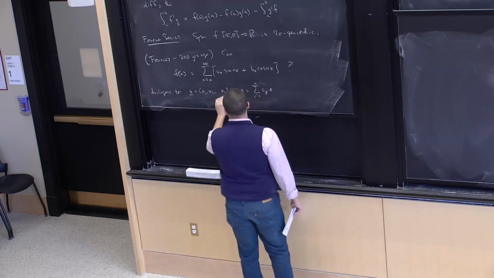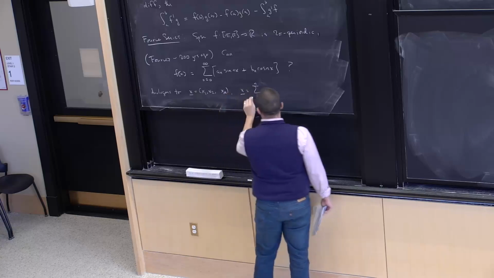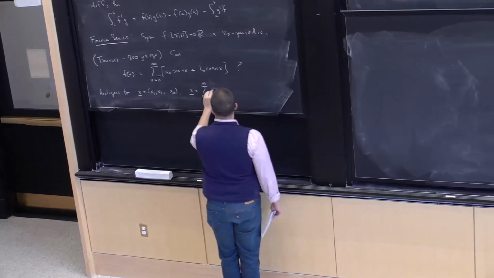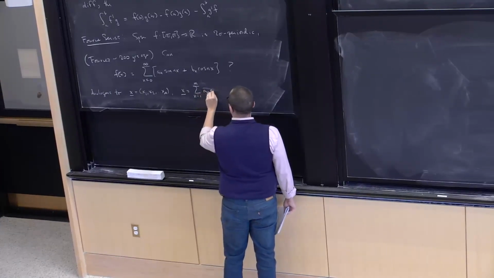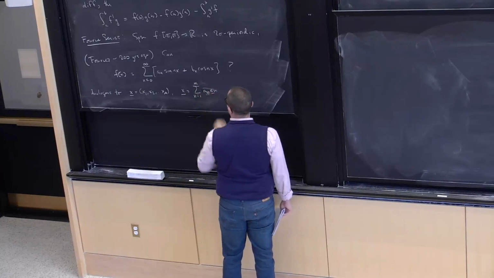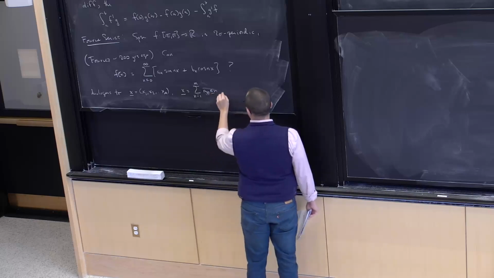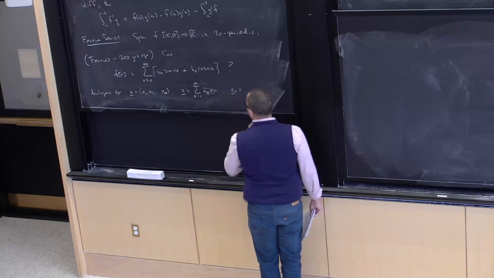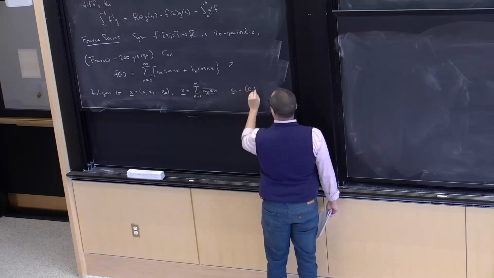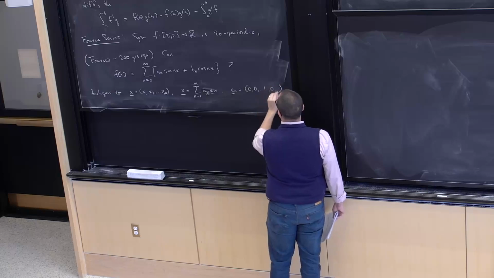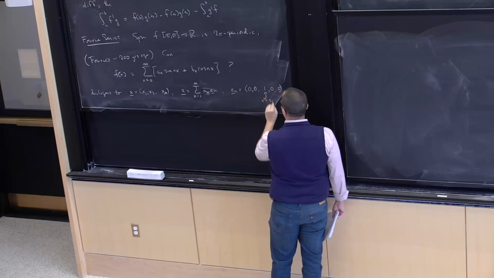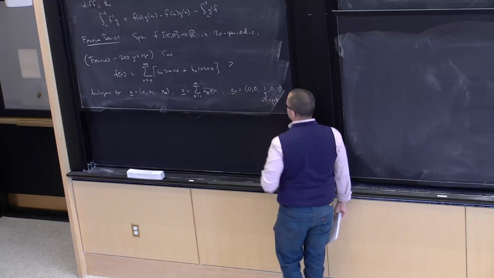You know what, let me make this n and let me make this m, so it looks a little better. a sub n, e sub n, where now e sub n is the basis vector given by 0, 1, 0, where the 1 is in the nth spot, okay?